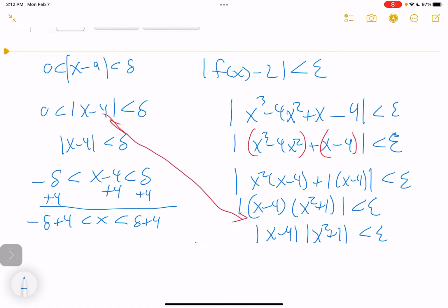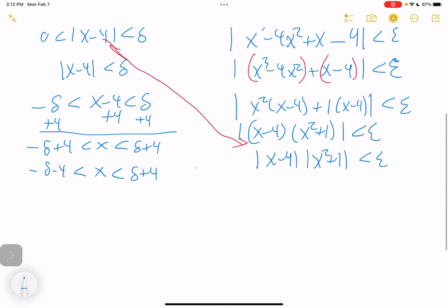So I could do this, say, negative delta minus 4 is less than x, less than delta plus 4. I essentially made the lower limit smaller by basically subtracting 8 from it. And if something's 8 less, it's going to be smaller than what it was. So the inequality would still hold.